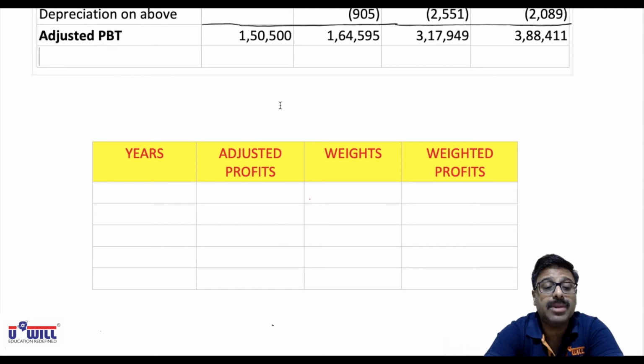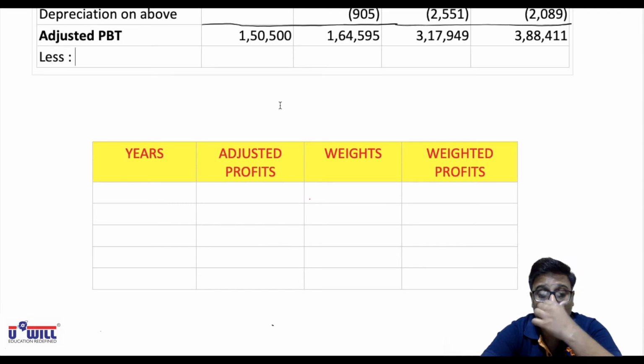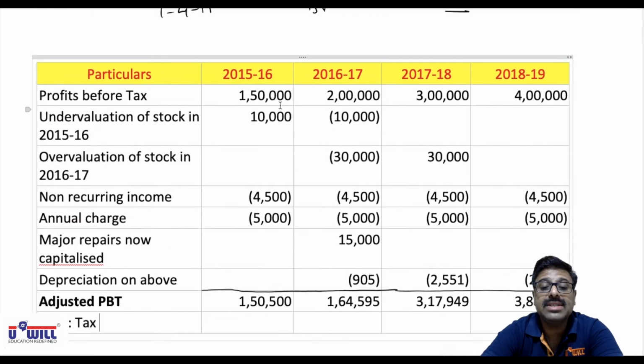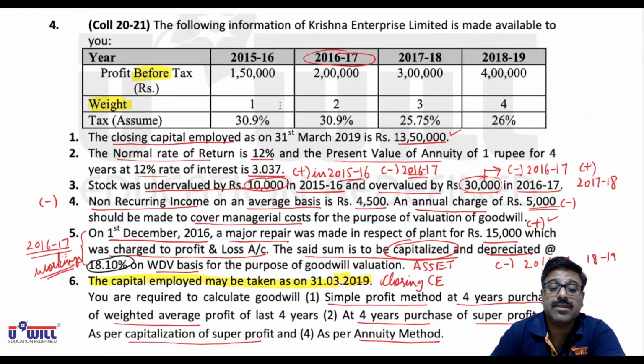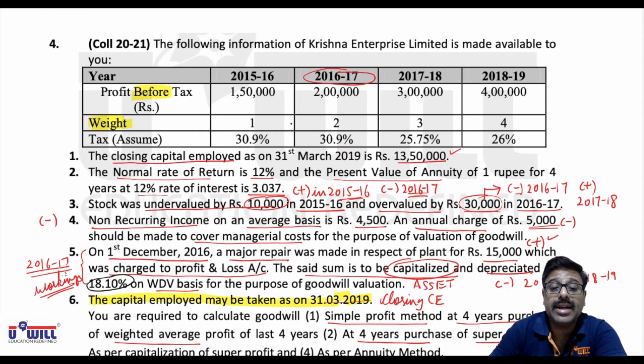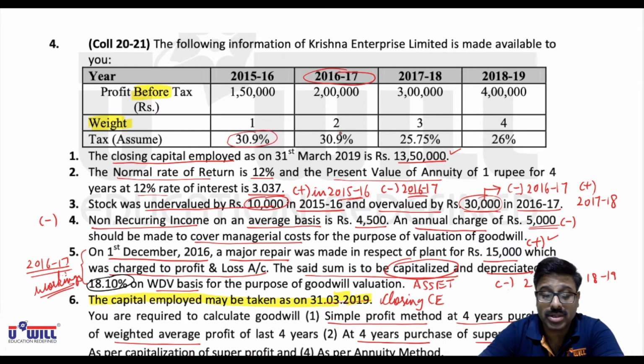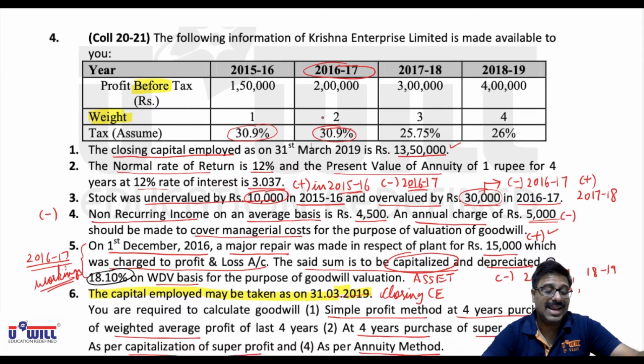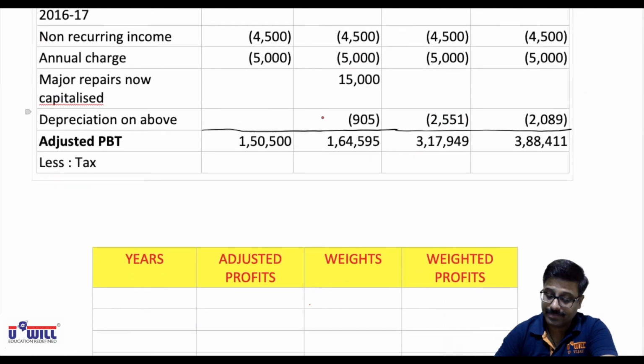From that we have to subtract tax. Now what are the tax rates? You can see in the question, tax rates are 30.9% for the first 2 years. So 30.9% means 1,50,500 into 30.9%.